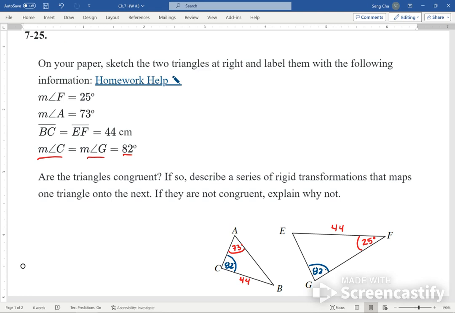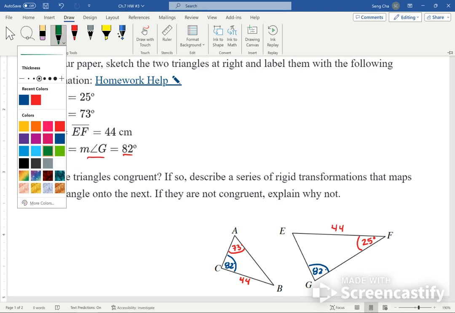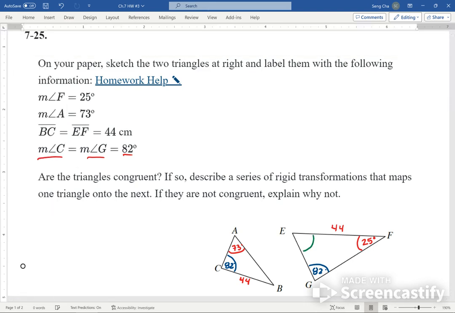So you may have to use your calculator to figure out the missing angle. I am going to figure out this angle right here. I'm going to use a calculator, the green one. I'm going to start with 180, then subtract 82, and subtract 25. And that'll give me 73 right here.